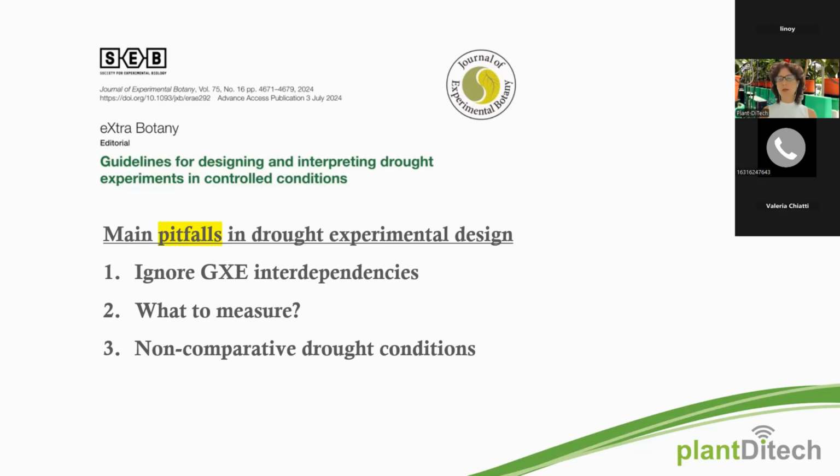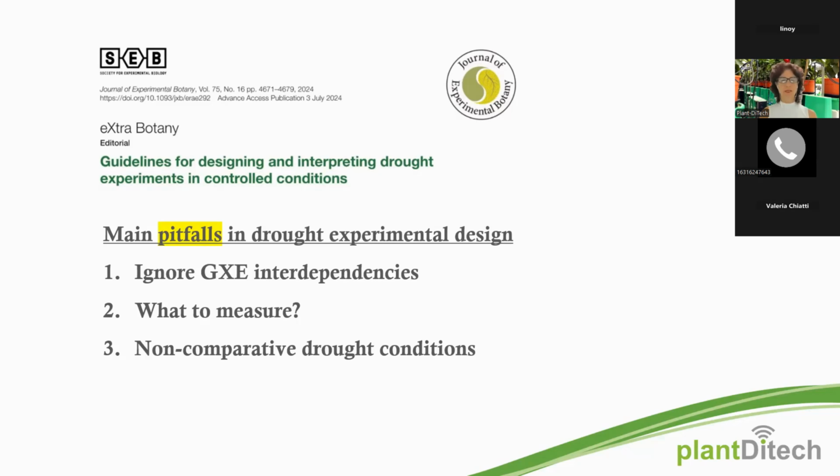So these are three major topics. One is that a lot of the papers that are submitted ignore the G times E interdependencies. The second item is what actually to measure. There are different traits that can be measured; some are better, some are less, so we will cover that, and also the method of how to measure.